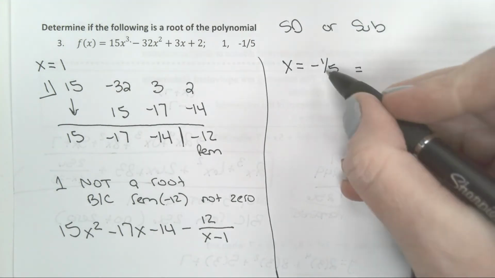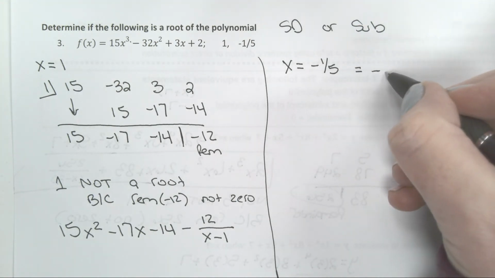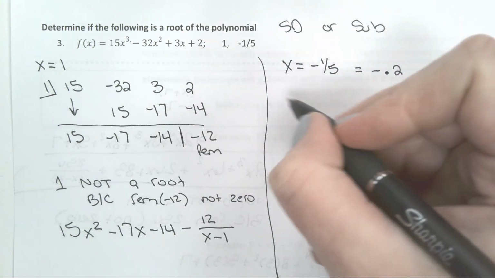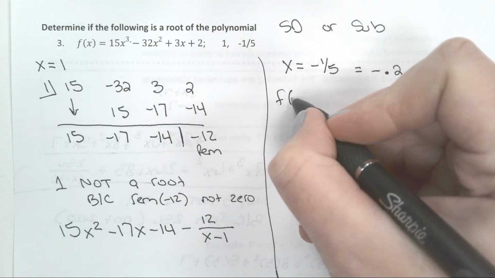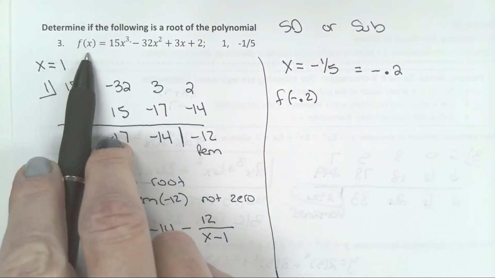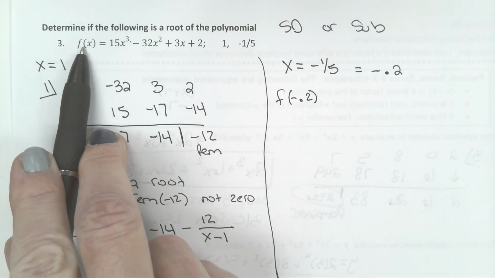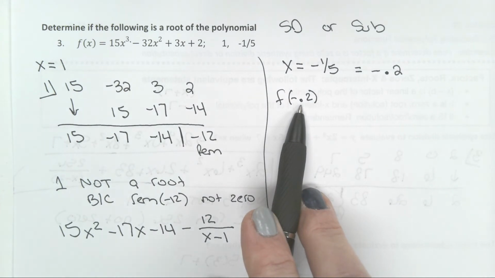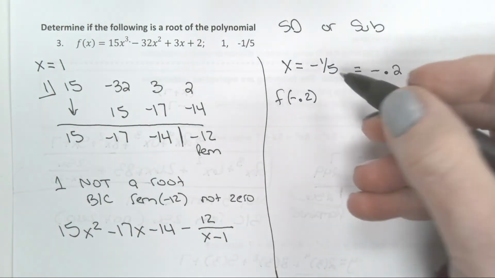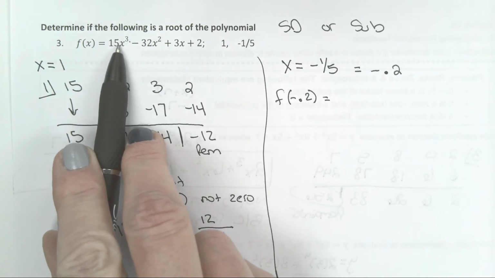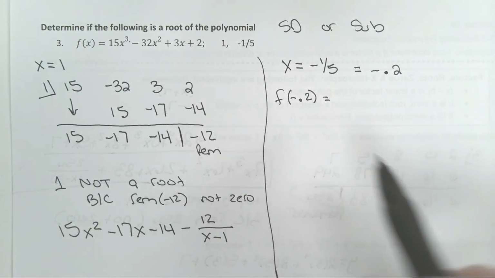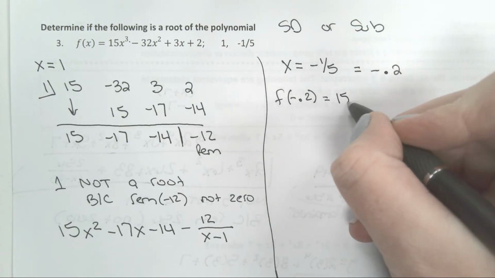I know that negative 1/5 is the same thing as negative 0.2, so I'm going to turn that into a decimal. I have it in function notation, so I want to see what is the value of the function when x equals negative 0.2. In place of x in my original function, I'm going to plug negative 0.2 in.